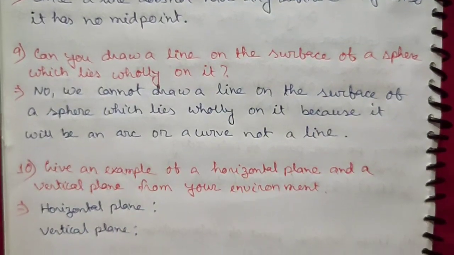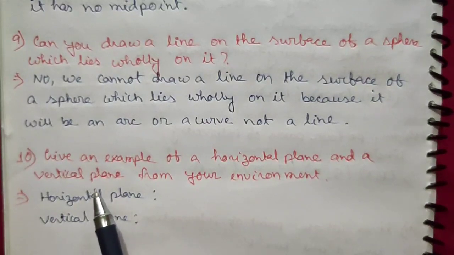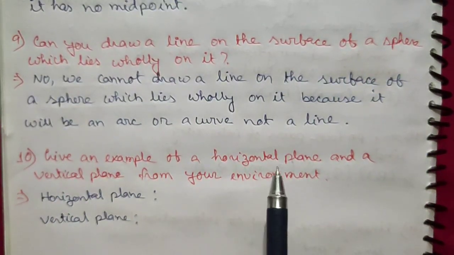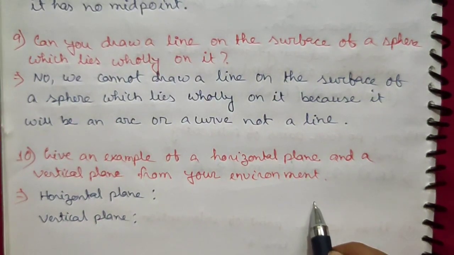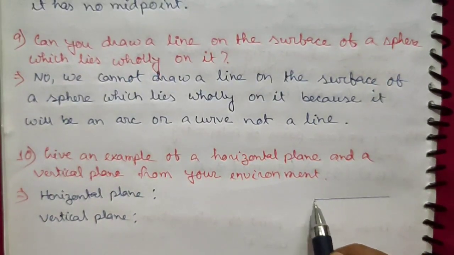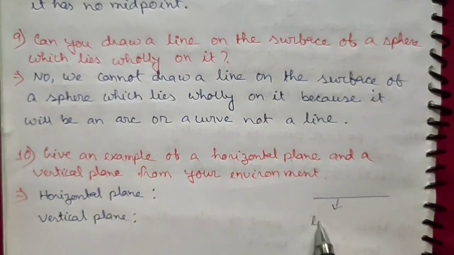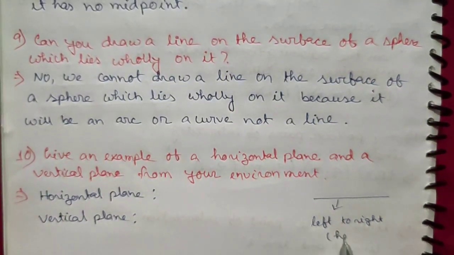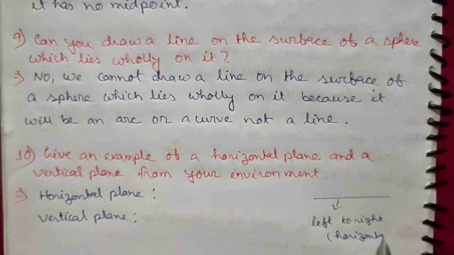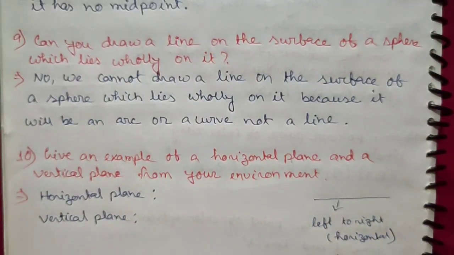Next, and it is the last one. The last question is: give an example of a horizontal plane and a vertical plane from your environment. Horizontal means left to right. Suppose from this side to this side, this side is left and this side is right. You can write in your copy on the side: left to right is horizontal, and top to bottom is vertical.